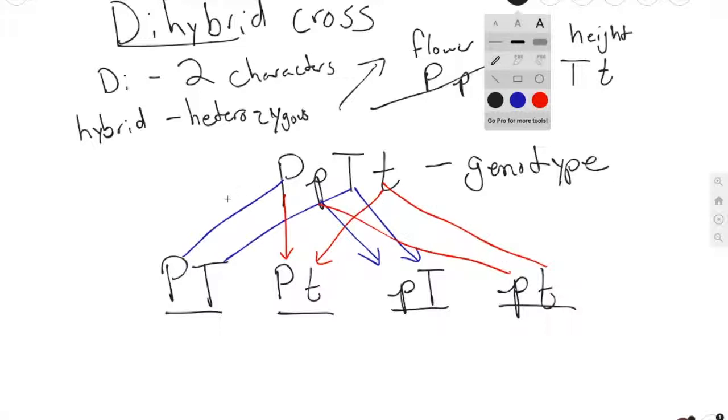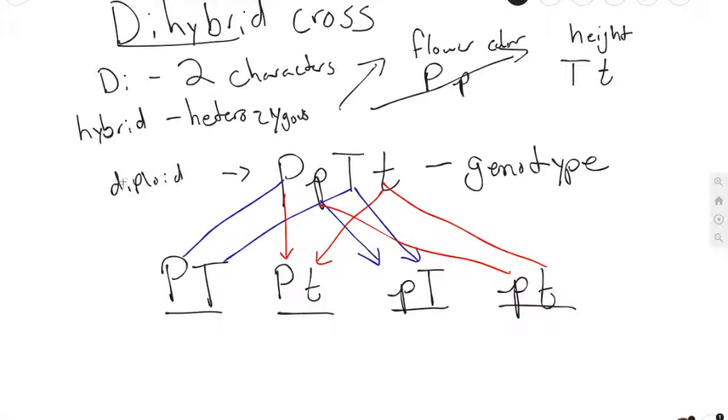So to check and make sure you have the right number of genes in here, this is a diploid cell, right? It has 4 alleles, 1, 2, 3, 4. Well, these are my gametes, which are haploid, right? These are eggs or sperm, which means they need to have half of the number of alleles.